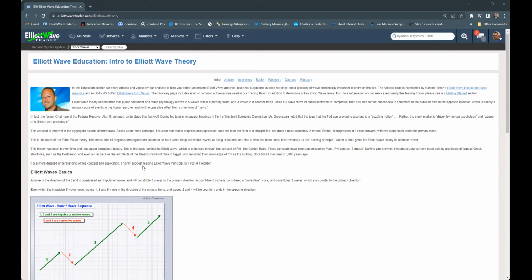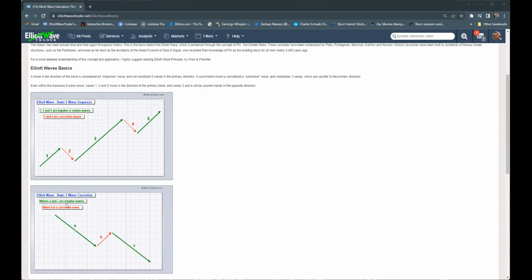When we say fractal, that means each smaller piece is a similar part of a bigger whole, or you can delve down to smaller and smaller levels and see the exact same patterns unfolding as the different parts of those larger subwaves. So the very basic structure is a 5-wave move, usually to the upside, when we're talking about 5 up and 3 down, and a 3-wave correction.